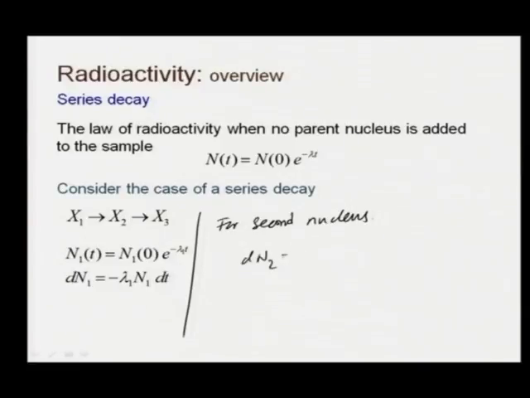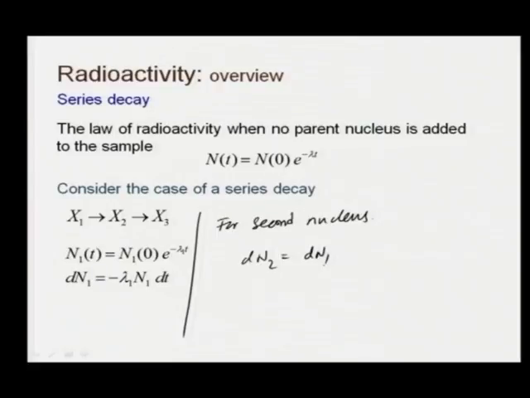dN2 is equal to, right, dN1. This would have been the case if x2 is stable. Whatever n1 x1 that decays is converted into x2.